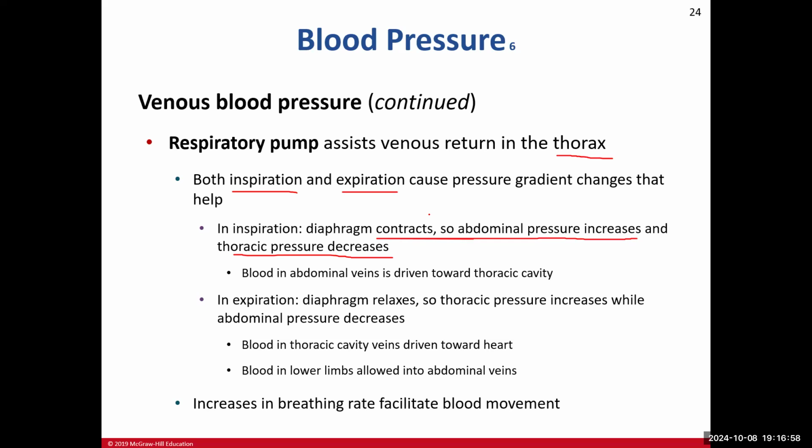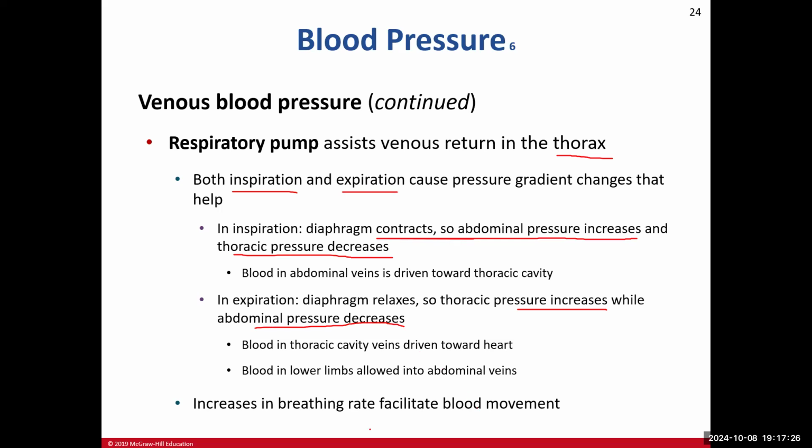Then when you exhale, okay, the opposite happens, all right? The diaphragm relaxes, but now the thoracic pressure increases while the abdominal pressure decreases. And so what will happen is the blood that's in your thoracic cavity will be driven into the heart, and then the blood that's in your common iliac veins will then dump into the abdominal veins there.